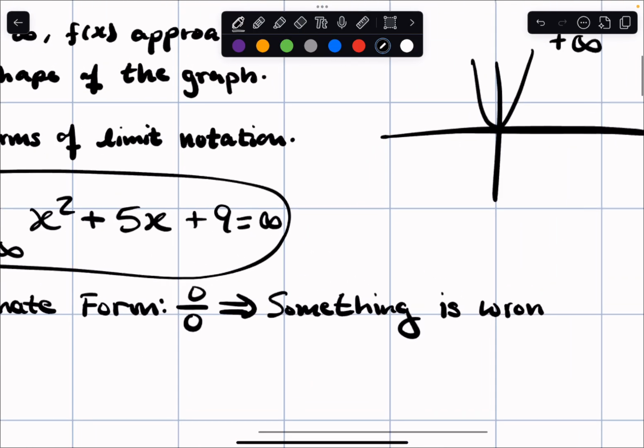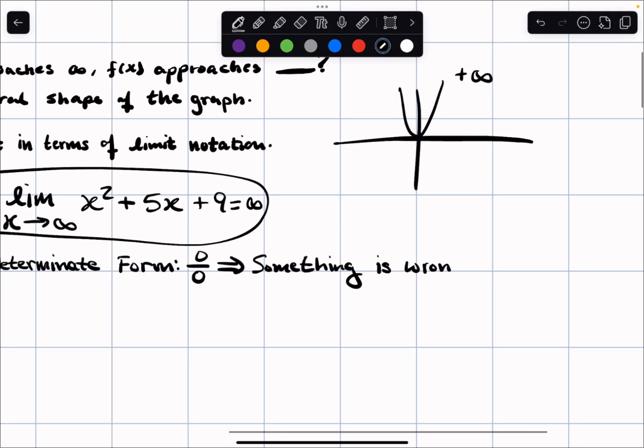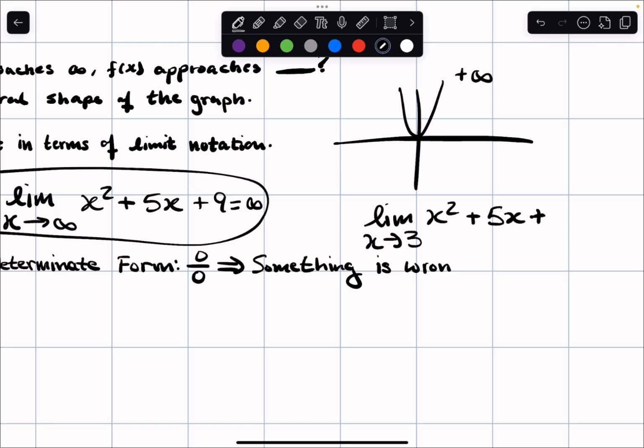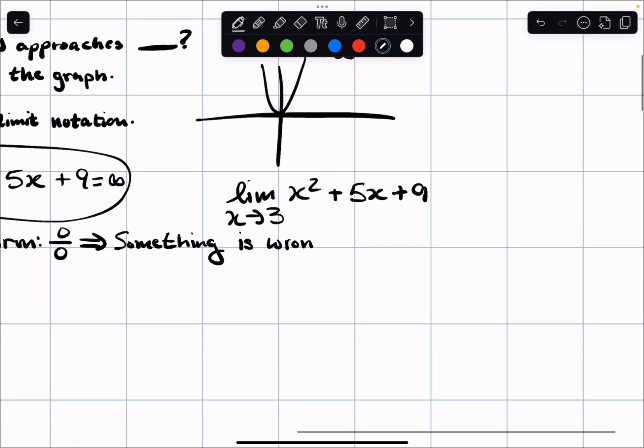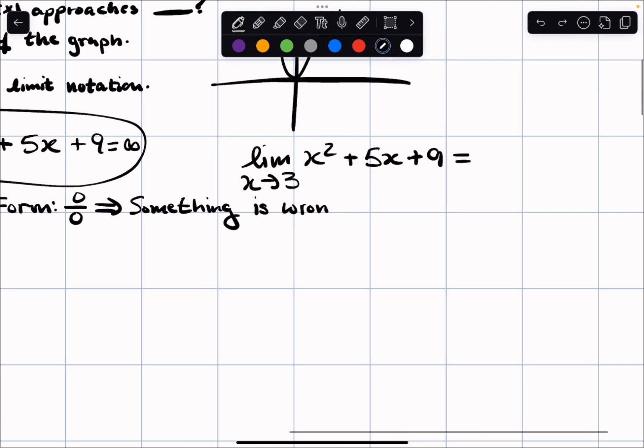Now, what if I asked you what was the limit of the same function, let's say as x approaches 3, of x squared plus 5x plus 9? It's actually a lot easier than doing infinity, because all you have to do here is plug in the number 3, because a polynomial is continuous everywhere, and we can prove that later on.